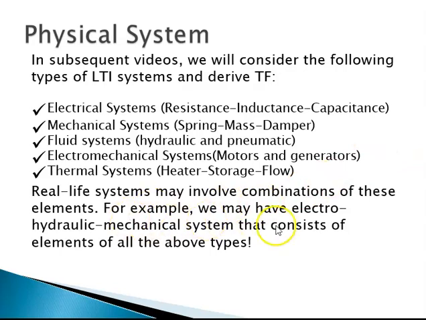Some real-life systems may involve combinations of all these elements. For example, we may have an electro-hydraulic mechanical system that consists of elements of all these types. So we try to see how we derive a transfer function of any given system. It's a very general method.